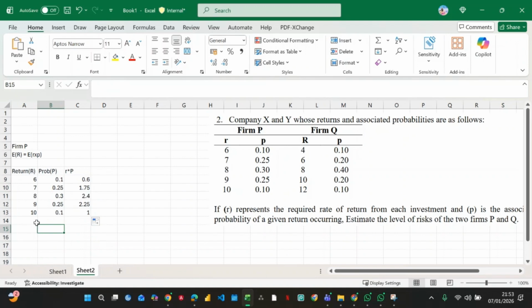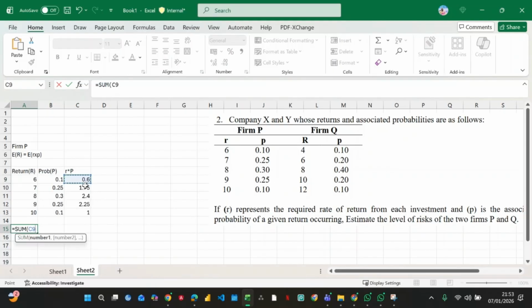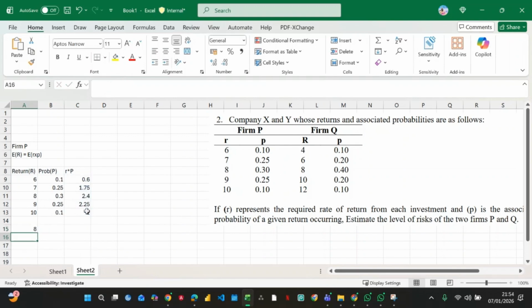Now that we have that, we bring the formula here and copy it. Then I say the expected return for this firm is the summation of this.